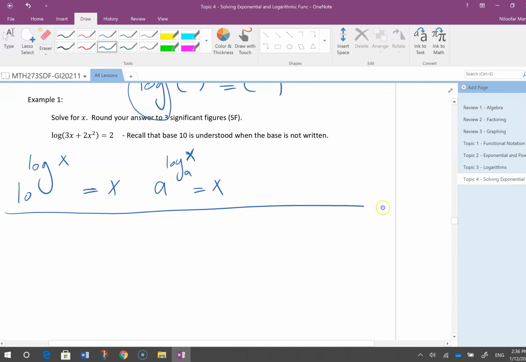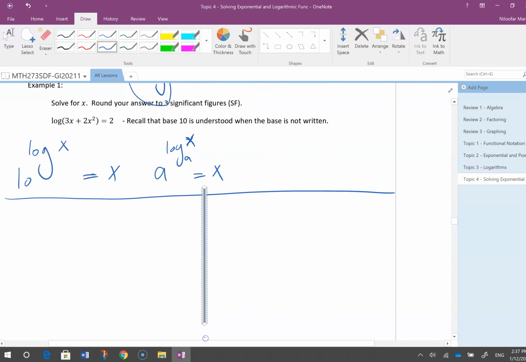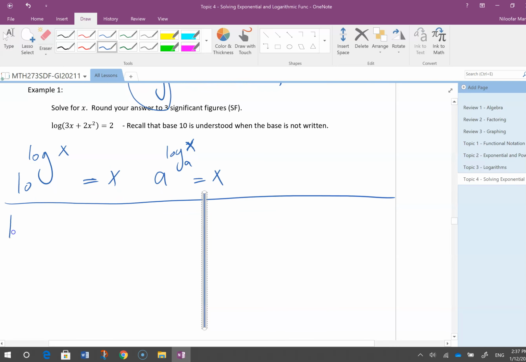Let me do it with both solutions. So look here. I can go by definition. For example, let's say I don't remember that I can do 10 power on both sides. Doesn't matter. This is 2.